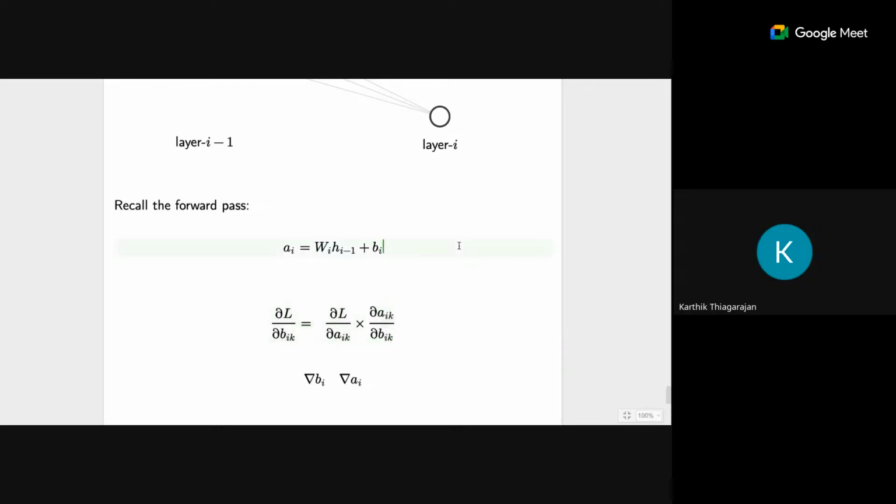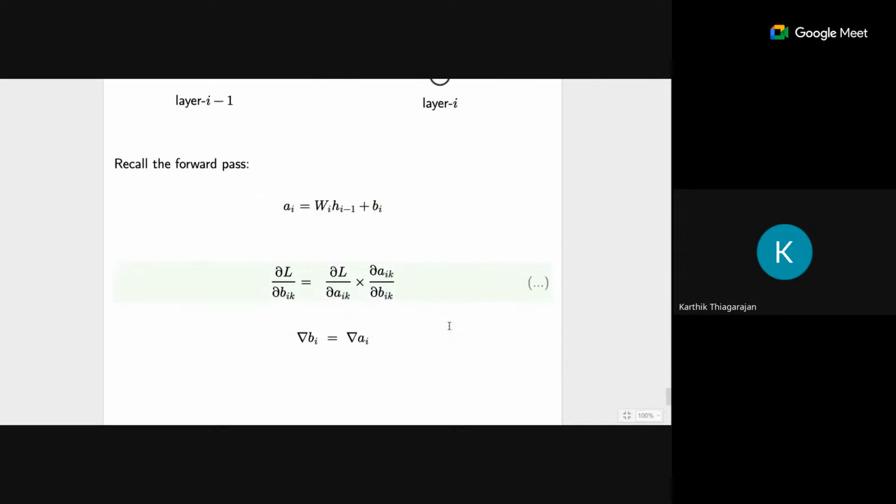If you do this element wise, you will notice that these are constants. Remember what a partial derivative is telling you: you have to keep everything else constant. So bi is the only variable here. So the derivative of one component of ai with respect to the corresponding component of bi is nothing but 1.